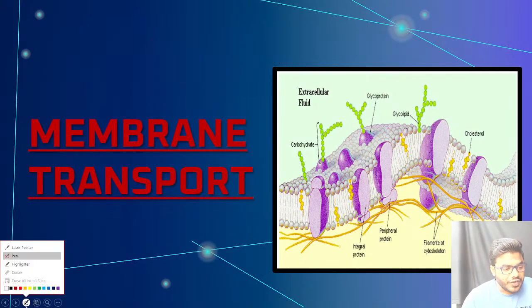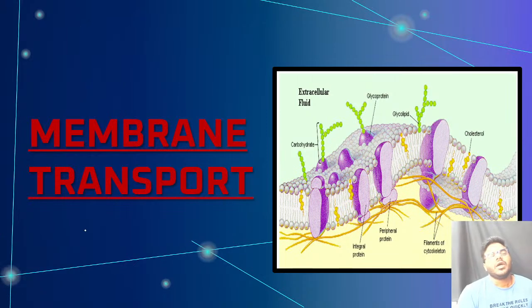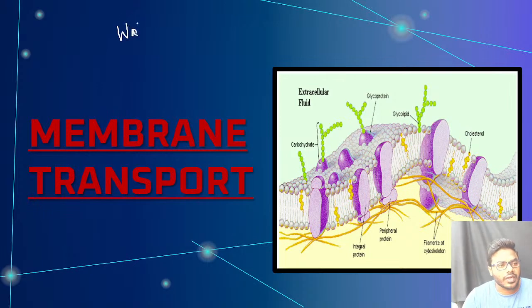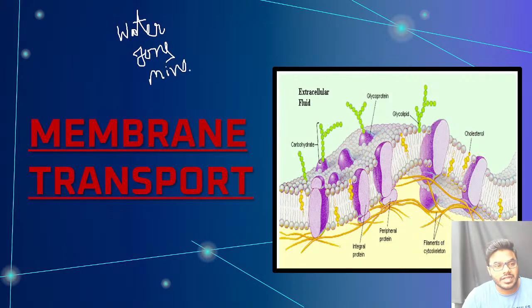Okay, so friends, very quickly try to understand what are the various types of substances that can be transported into the plant body. We all commonly know that water can be transported, ions can be transported, minerals can be transported, and food can be transported into the plant body.